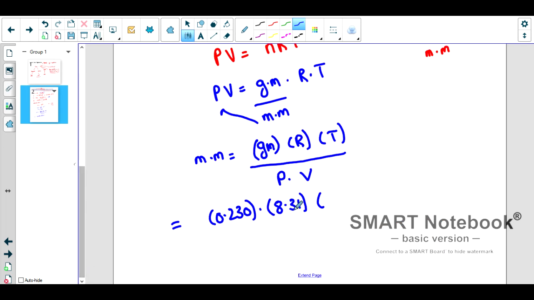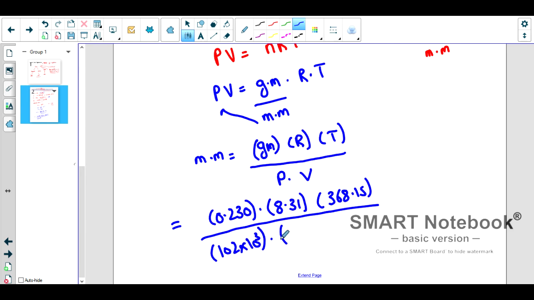Yes, 368.15. What is the pressure? The pressure value is 102 into 10 raised to power 3. And what will be the volume? We need it in meter cube. We converted it. It was 0.0785 into 10 raised to power minus 3.